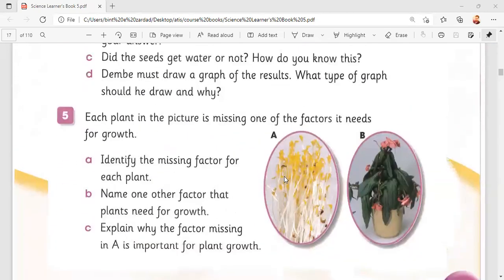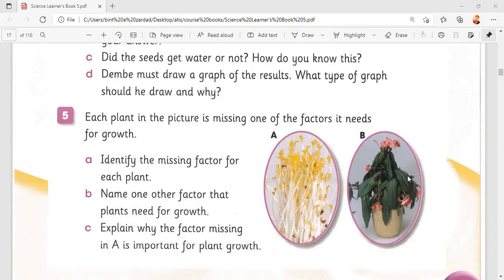Okay, boys, done. This is the last question. Each plant in the picture is missing one of the factors it needs to grow. What do you think? What are the main factors? Both plants are unhealthy.